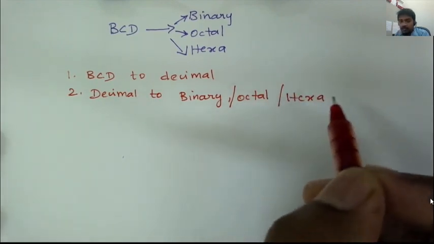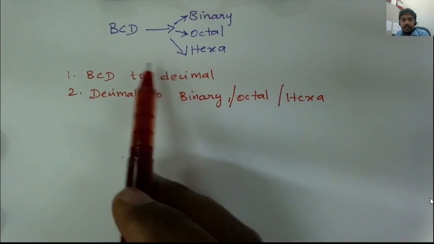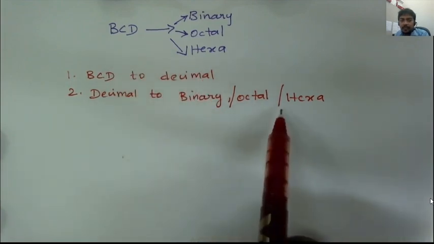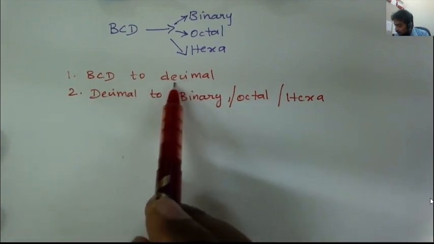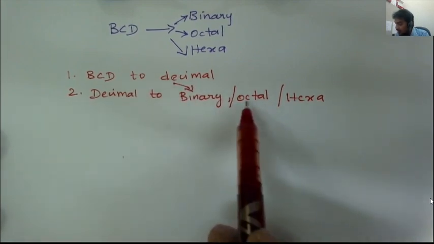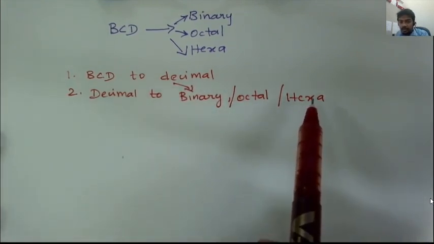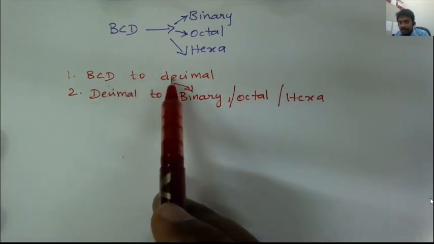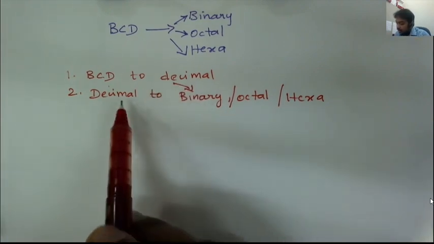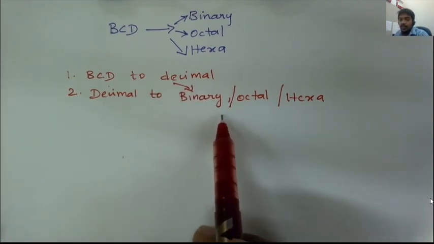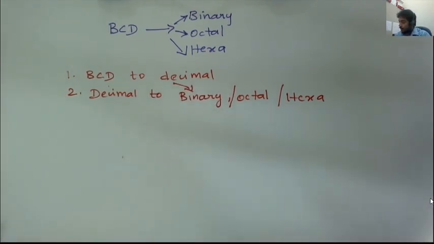So these two steps you have to do for converting BCD to any other number system. First step BCD to decimal, and from this decimal to binary, octal and hexa. BCD to decimal is easy, you can do it directly, and decimal to other number systems we have already studied.